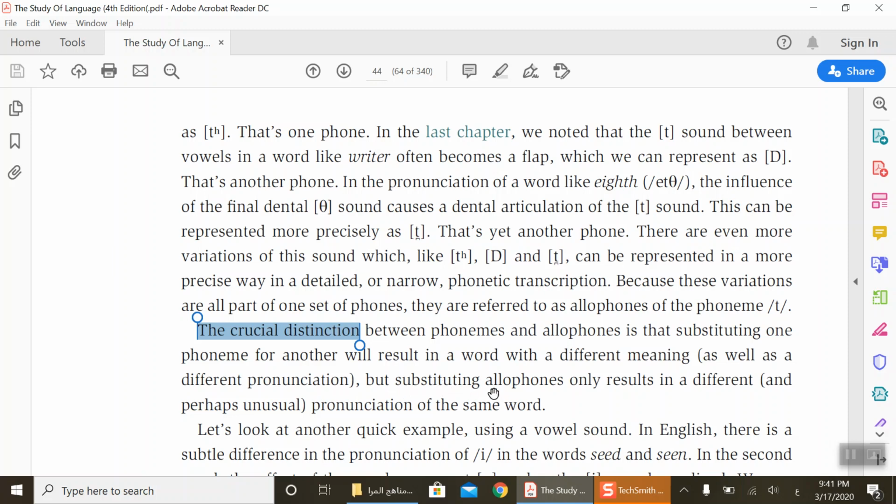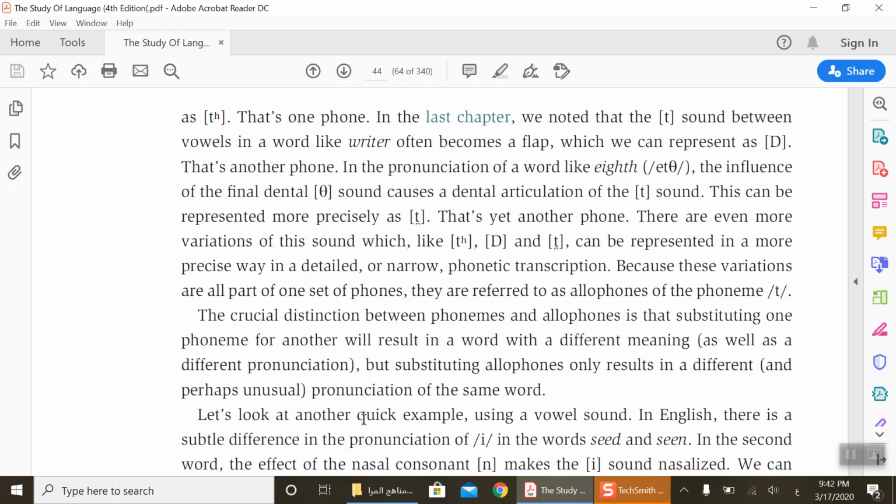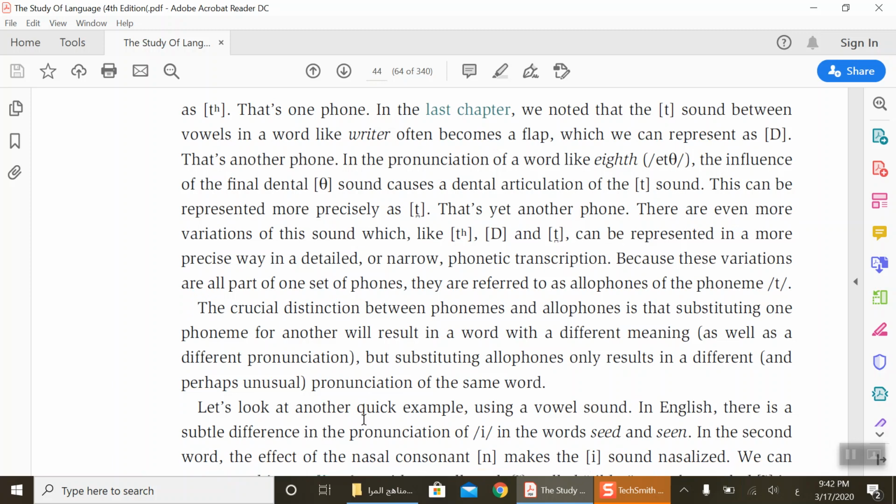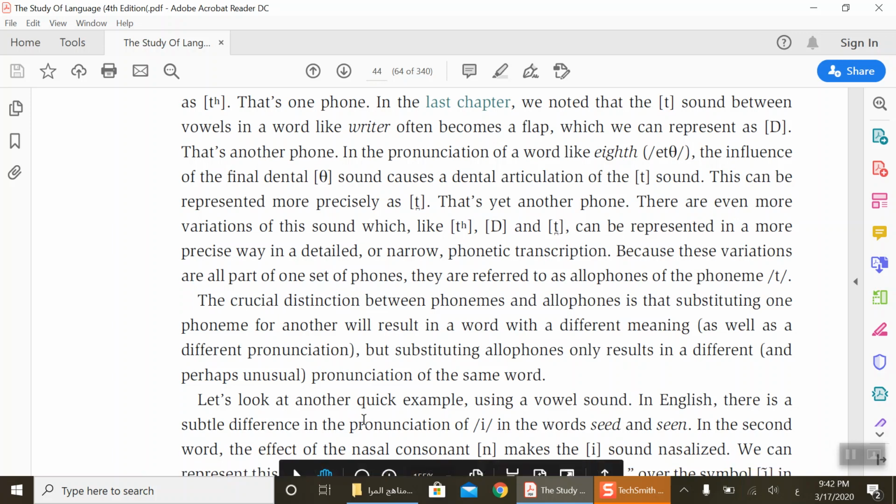But substituting allophones only results in a different and perhaps unusual pronunciation of the same sound. We only have a change in the pronunciation. We say dogs, only a change in the pronunciation, but with a phoneme change, no, the whole word changes, meaning and pronunciation, right?